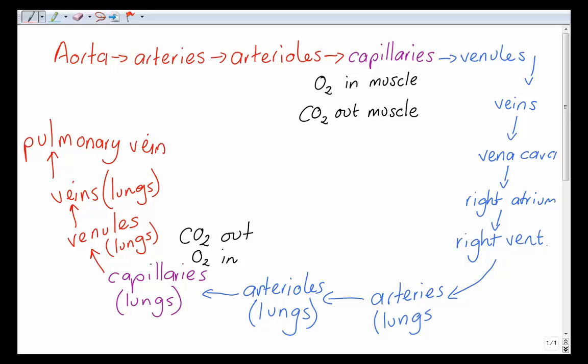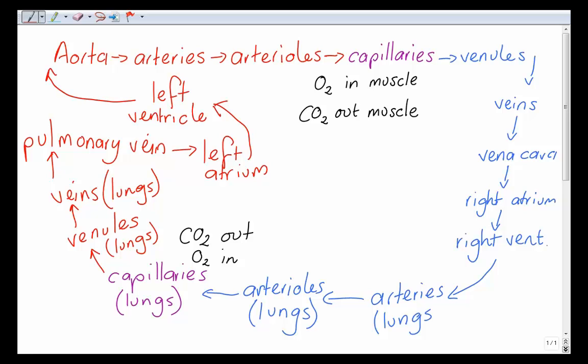We might have to go sideways here: left atrium, left ventricle, and then into the aorta.